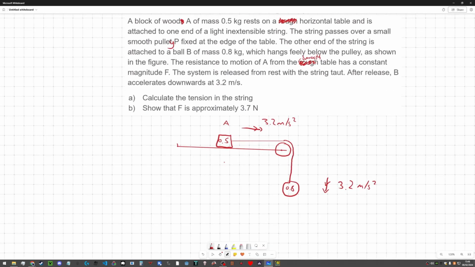Alright, question A, calculate the tension of the string. Since the string has the tension always going inwards.